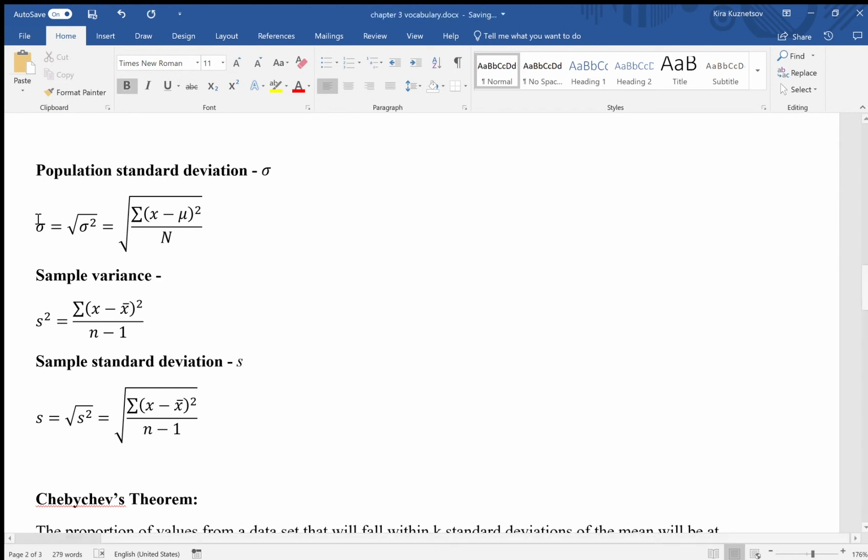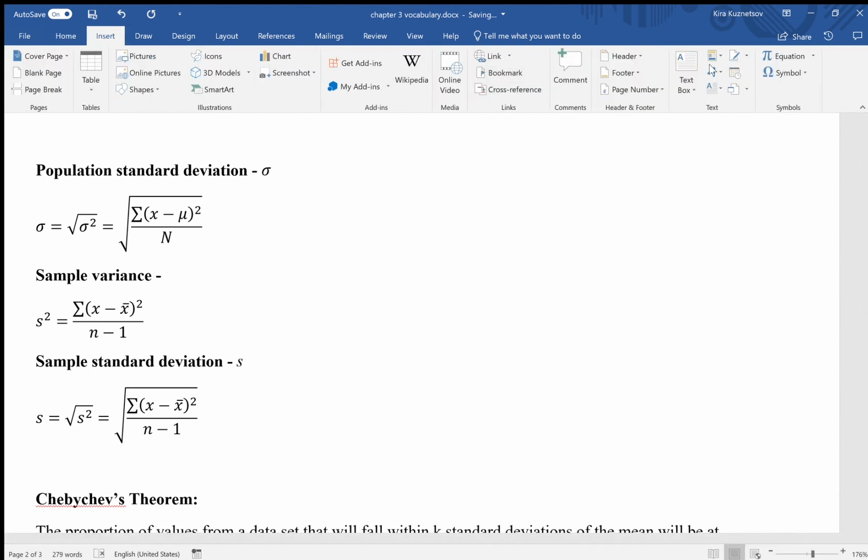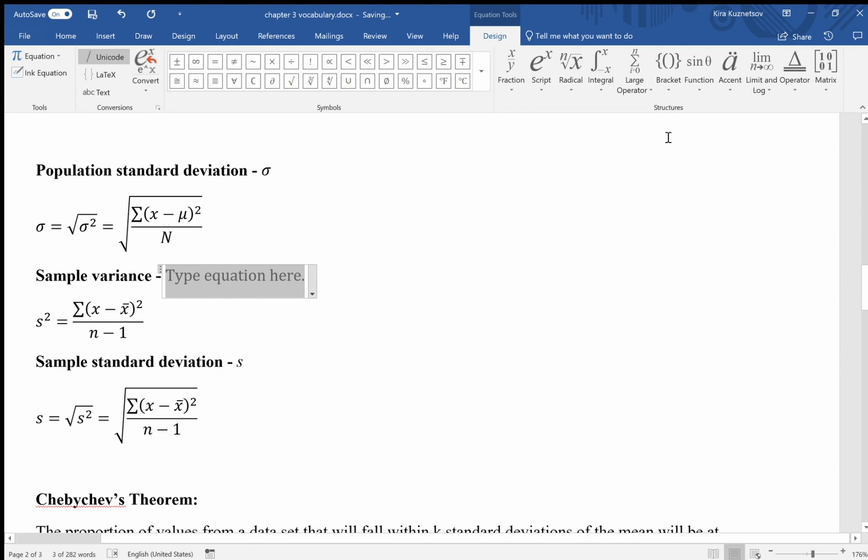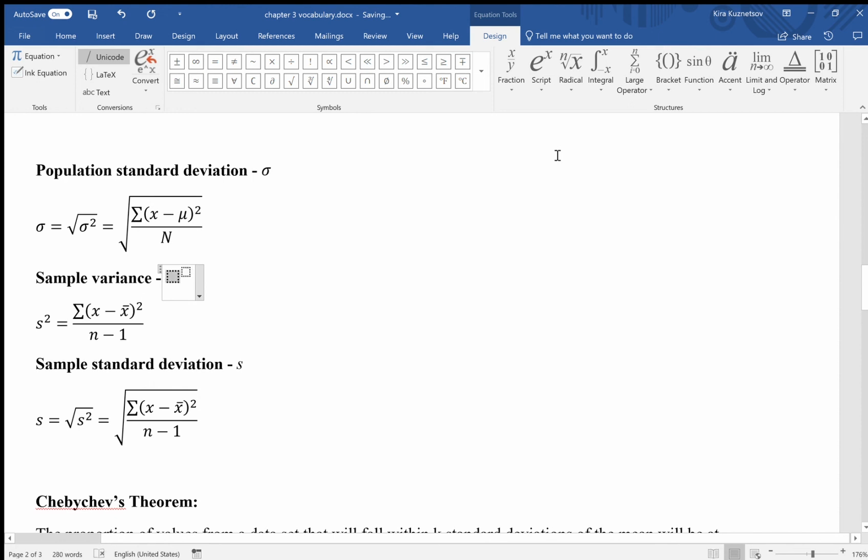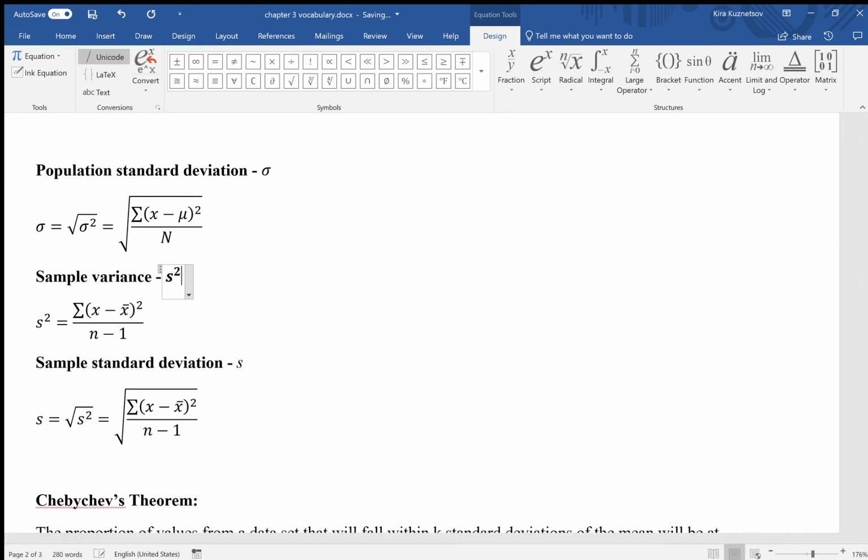This one I will go into insert because in order for me to do a variance, I need to have S squared. So remember, population, I'll go over it in a second. So let me type this in. I need script squared. Moving over, S squared and unbold it.